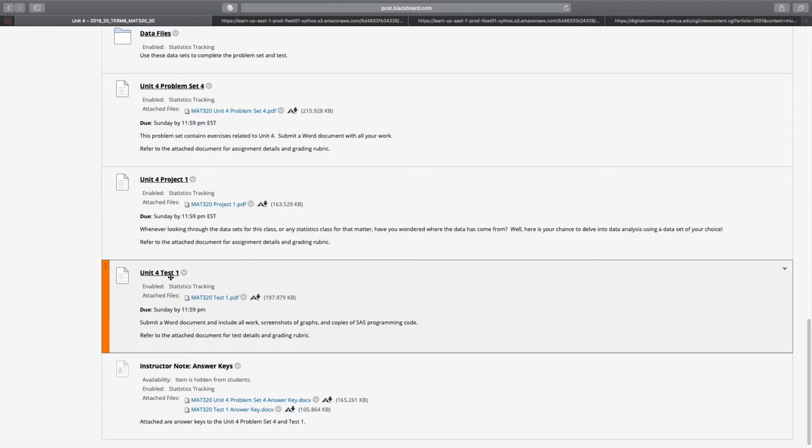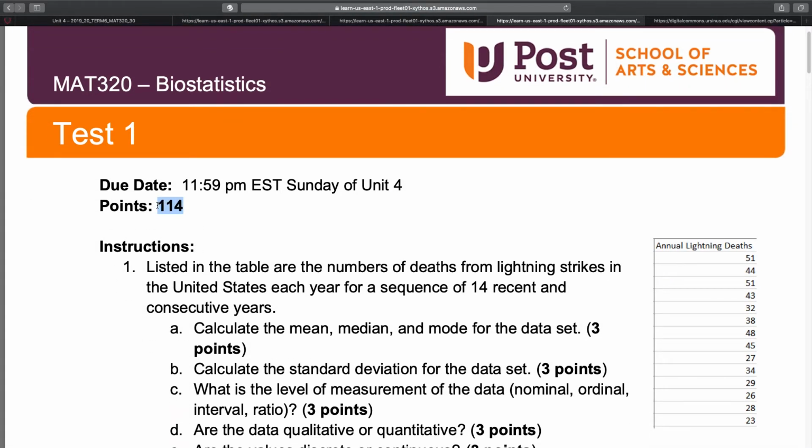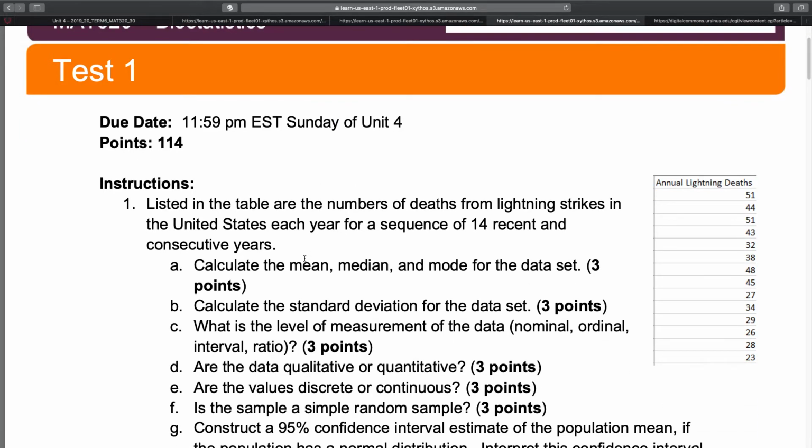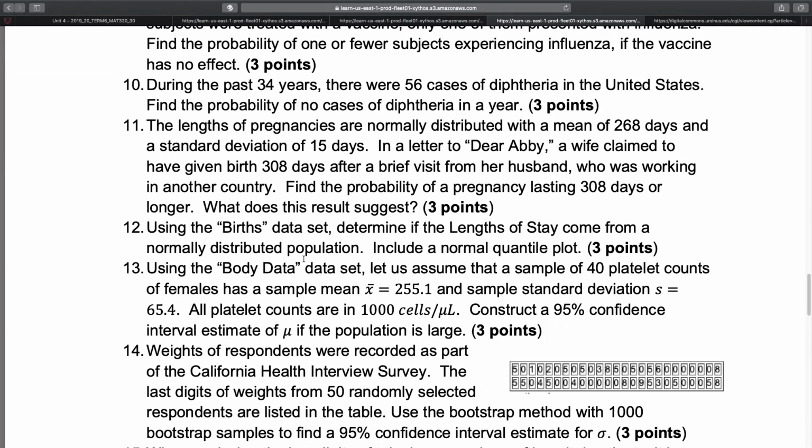There's also the Unit 4 test, due to the fact that we are roughly at the midpoint of this term. As such, this is kind of like the midterm exam. Clicking on this, you see it's out of 114 points. You have until Sunday to complete it. As you can see, this asks a whole variety of questions from Units 1, 2, and 3.